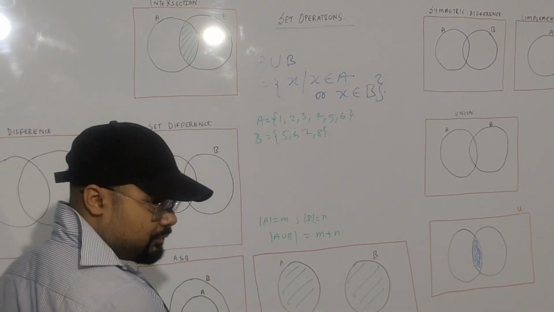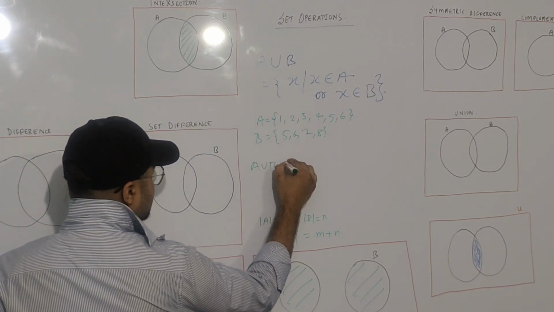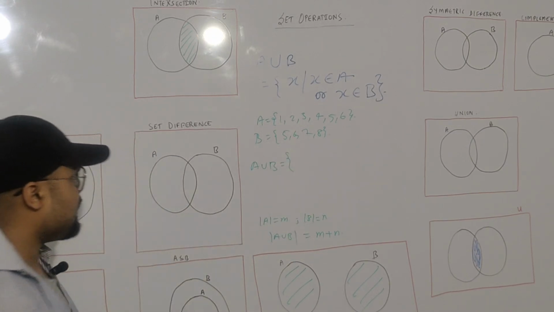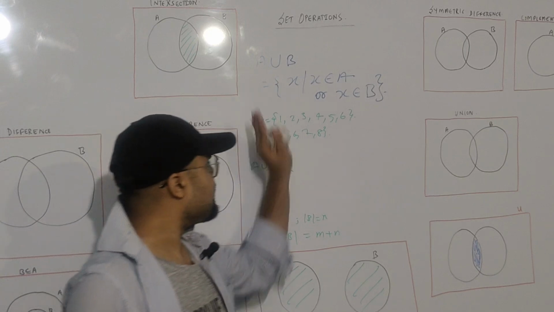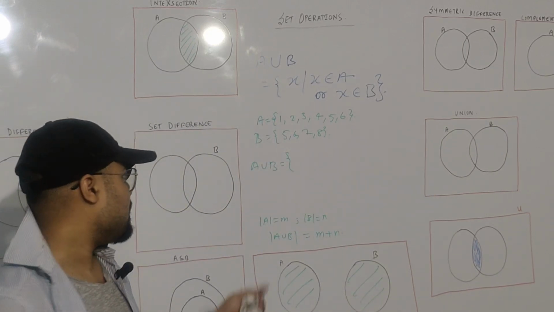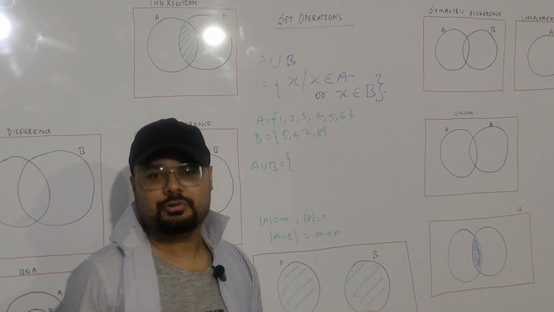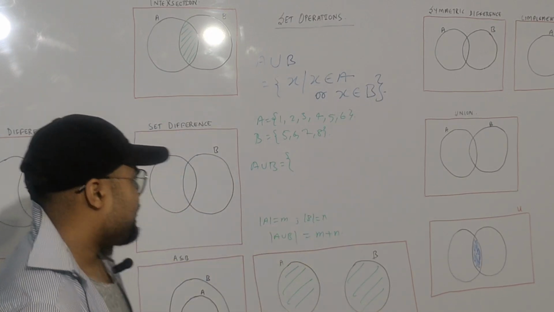Then what will be A union B? A union B means every element from A and B. So you can just directly write the elements of A and B. Of course, the order does not matter, so you can reshuffle if you want. But the elements are from A and B.